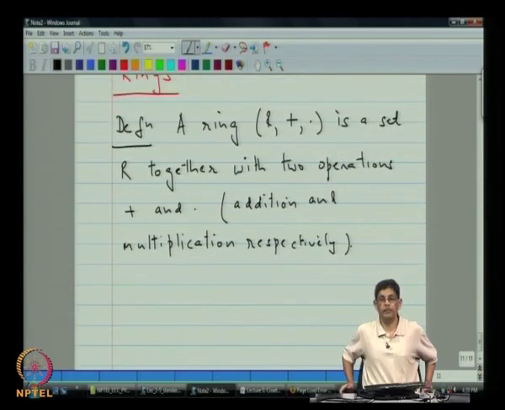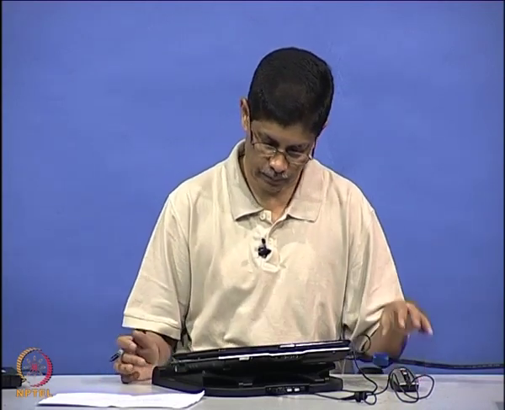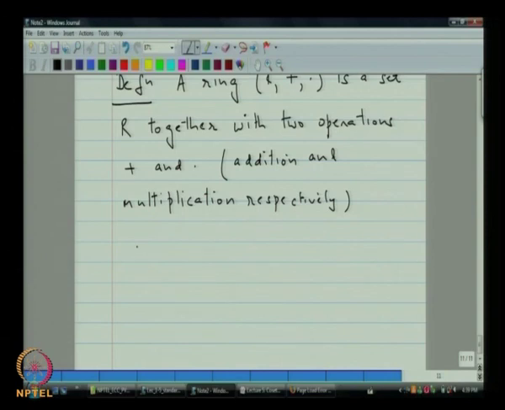Recall that when we were talking about groups, there was just a single operation, and then there were axioms all related to that single operation. Now for the first time we are talking about a set with 2 operations. So what we are going to do is lay down axioms involving both of the operations, satisfying the following.